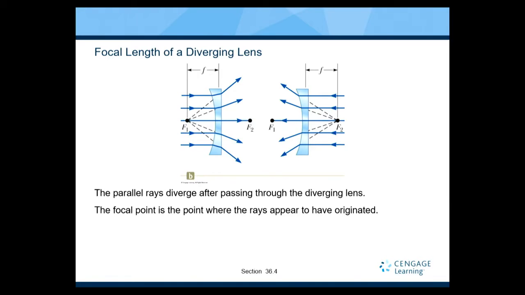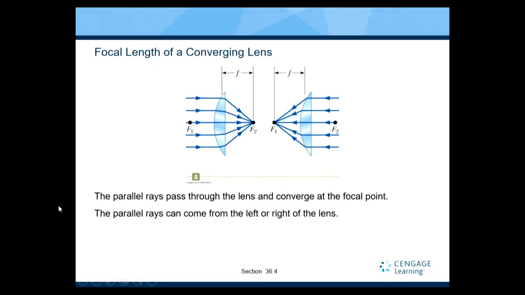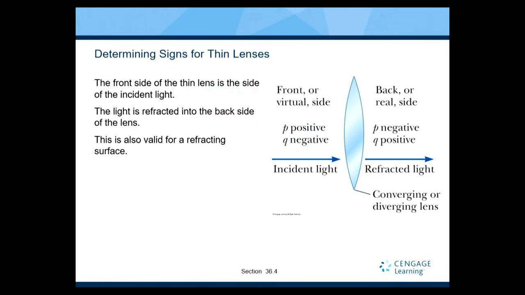Now, diverging lenses, I'm going to spread the rays out. And my focal point for the diverging lens is going to be a little different. The focal point is where the rays appear to have originated. So we get converging lenses and diverging lenses.